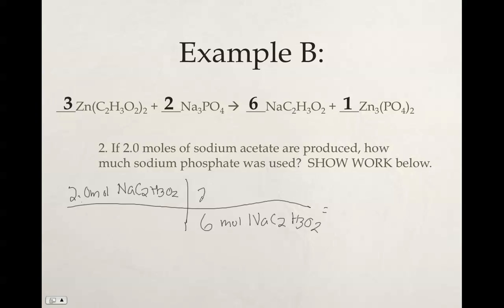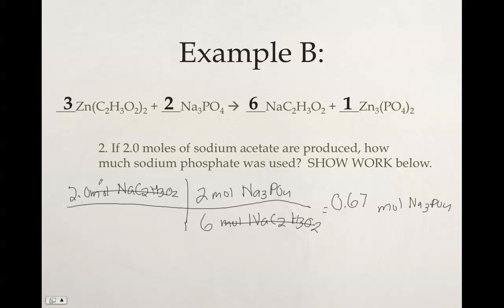So I'm going to place the 2 here for my sodium phosphate. So 2 moles of sodium phosphate. I can cross out my moles of sodium acetate, so I'm left with moles of sodium phosphate. Then 2 times 2 divided by 6 gives us 0.67 moles of sodium phosphate.